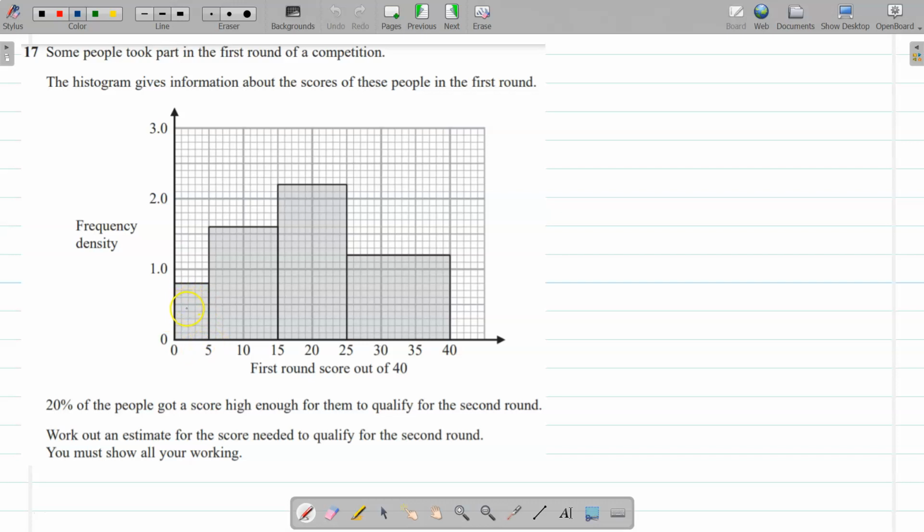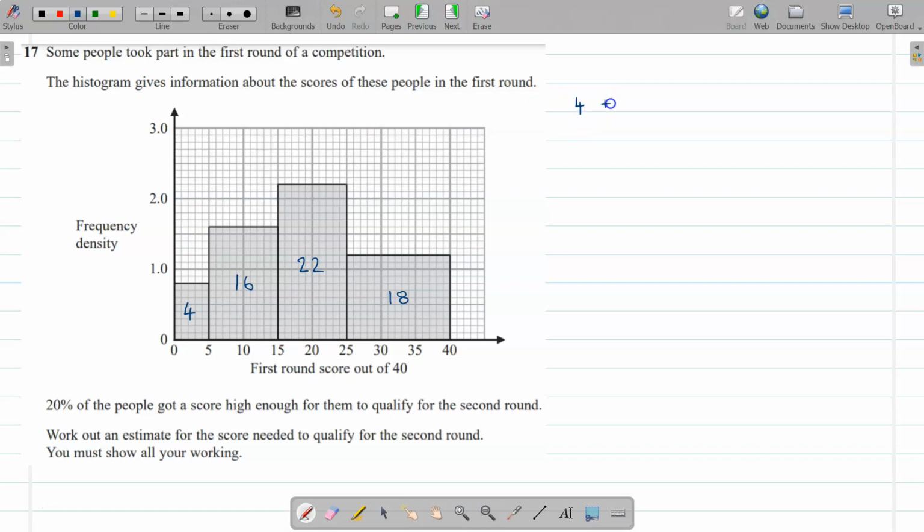This is 5 times 0.8, which is 4. This is 10 times 1.6, which is 16. This is 10 wide times 2.2, which represents 22. And this is 15 times 1.2, which is 18. Add those together and we get a total of 60.